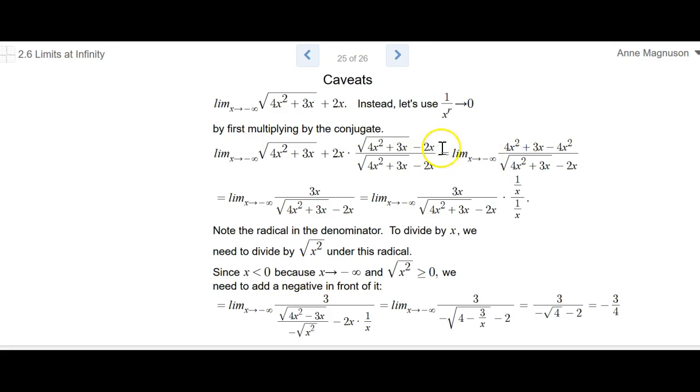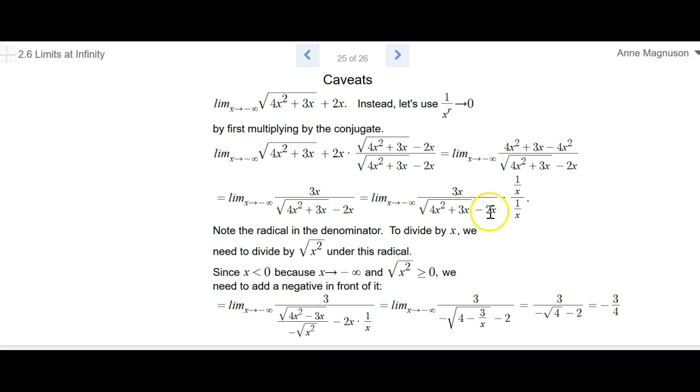When I do that, the radical is eliminated in the numerator, and I end up with 3x in the numerator. And now I have a denominator. Again, I have x in every term. I can't just go plugging in an infinity. I'm going to use that trick.